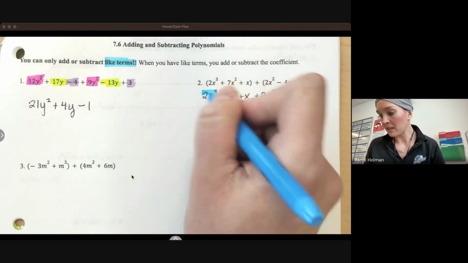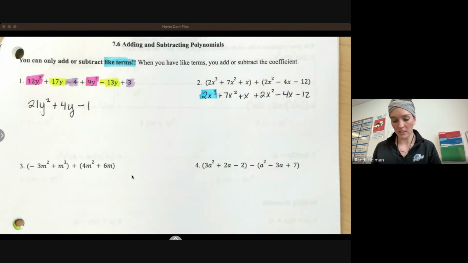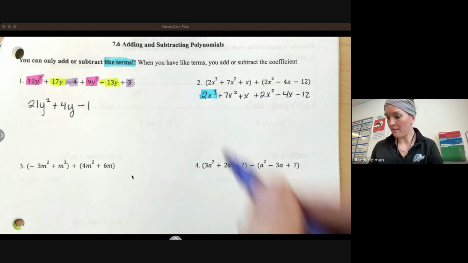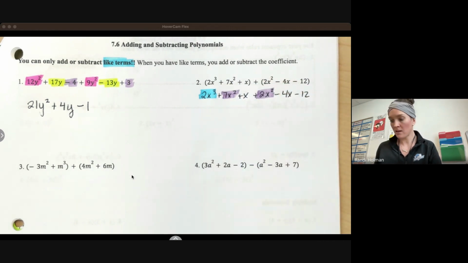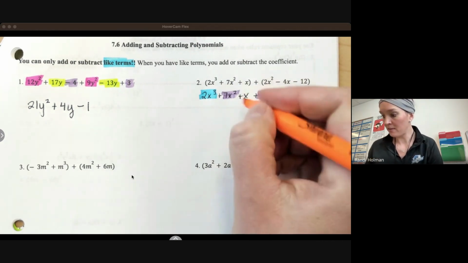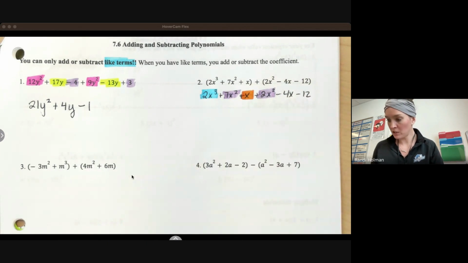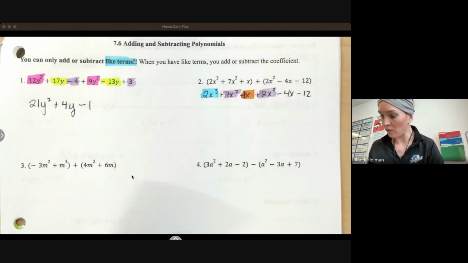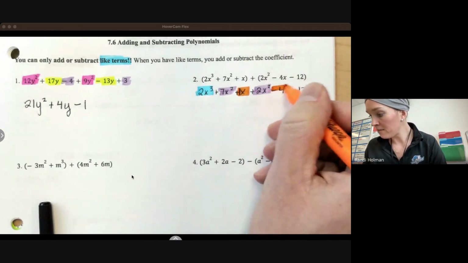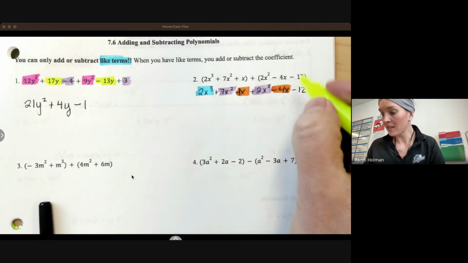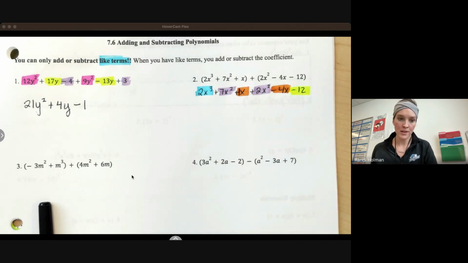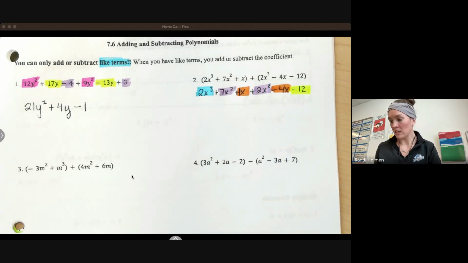So here I have some x cubes. No more x cubes. Okay, I have 7x squared and 2x squared. I have an x, if it helps you, write in your coefficient there of 1, and negative 4x. And then I have this lonely little constant, negative 12. Okay, but we're still just adding and subtracting our like terms.